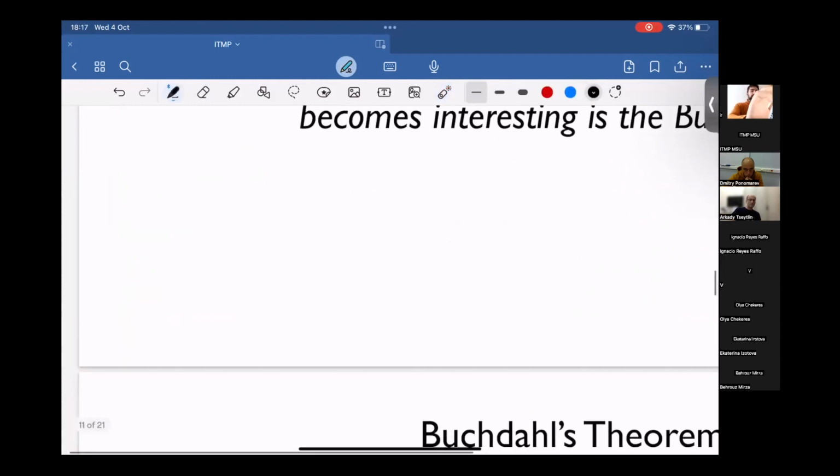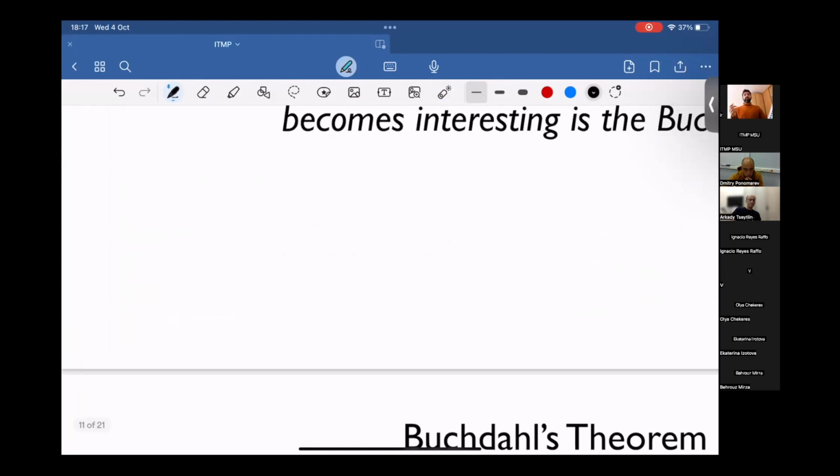One of the reasons why I became interested in the case of the Buchdahl limit in stars is because of this funny effect that if you calculate the potential at the origin, this thing happens to be proportional to the Ricci scalar. And because the Ricci scalar is dominated by the anomaly, then you have something interesting.